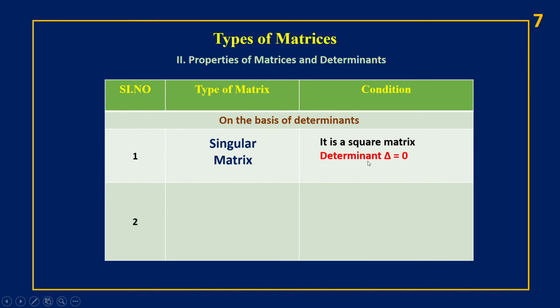A singular matrix is a matrix in which the determinant delta equals 0. If A is a square matrix, the determinant of A should be equal to 0. A non-singular matrix is one in which the determinant value is not equal to 0.